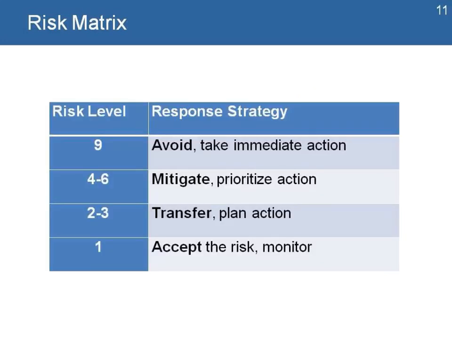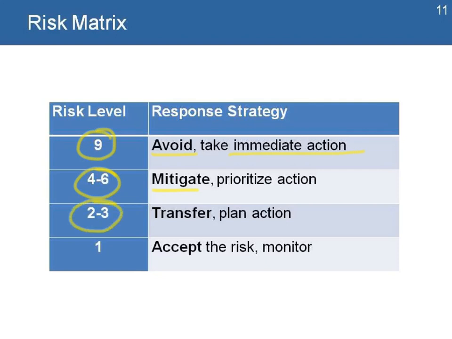The level and the response strategy, these are the most common ones. When you have a high level, the risk level on the project, this is the index level, then the recommendation will be to avoid it, meaning taking immediate actions. Levels 4 to 6, sometimes the actions will be to mitigate. You prioritize the action based on the resources and the availability of people to manage that.